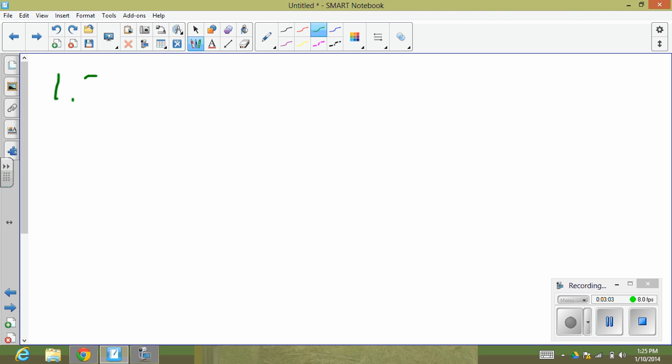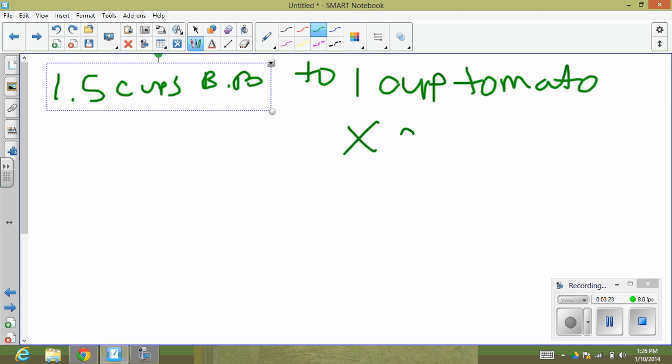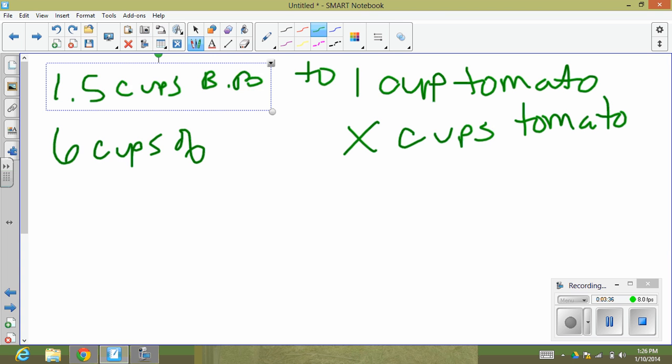I need 1.5 cups of black beans to 1 cup of tomato. So my question is, how many cups of tomato will I need for 6 cups of black beans?